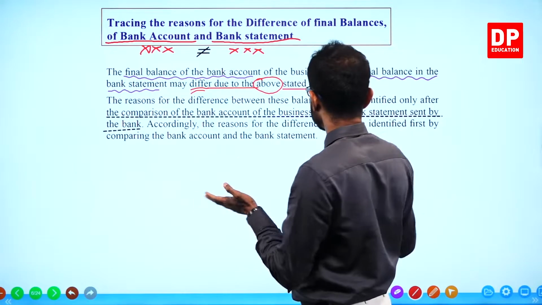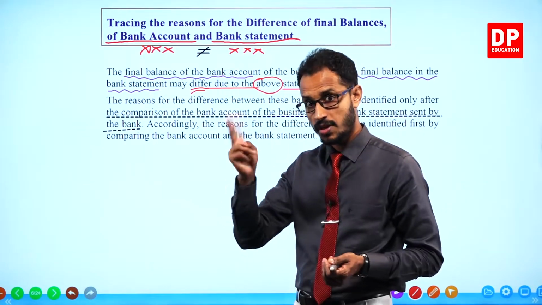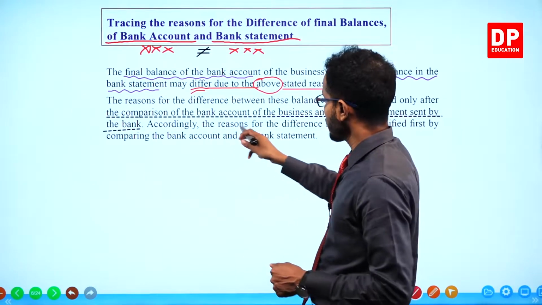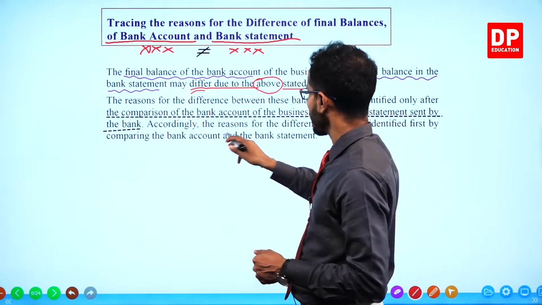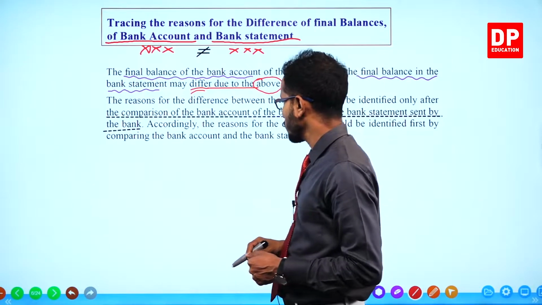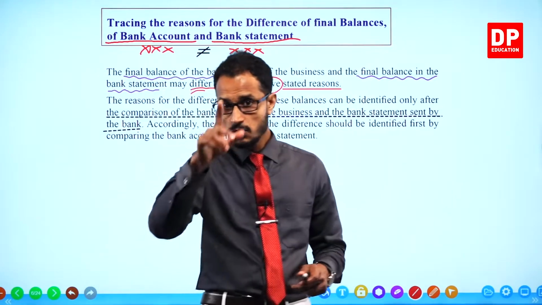The reasons should be traced out by comparing these two. Accordingly, the reasons for the difference should be identified first by comparing the bank account and the bank statement. Okay, first let's compare.